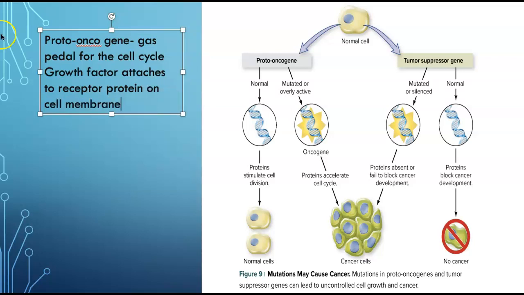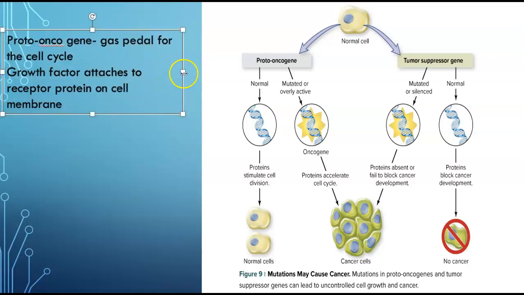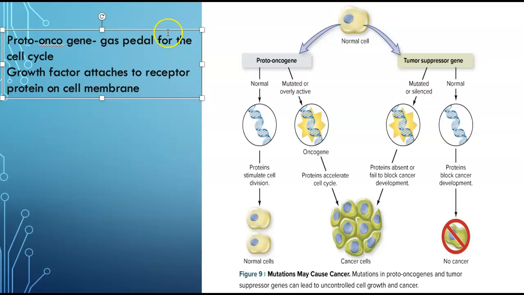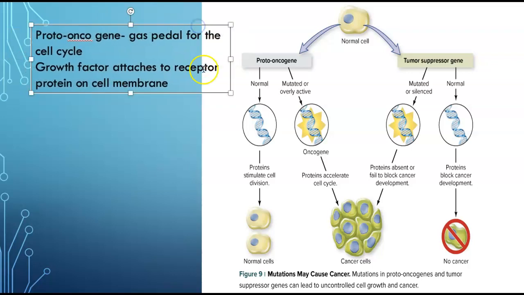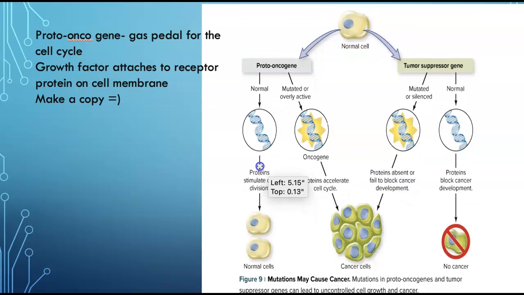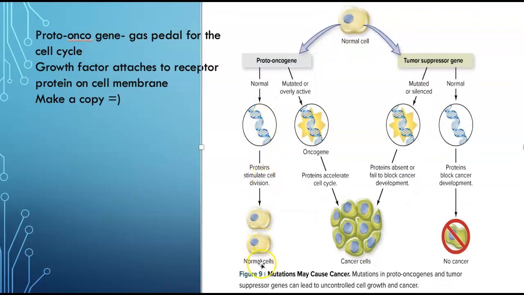So it attaches to the protein on the cell membrane, throws a signal into the cell and says, grow, divide, make a copy. Yay, happy, healthy, normal cell. That's this path here. The path right here. Now you have a normal cell.